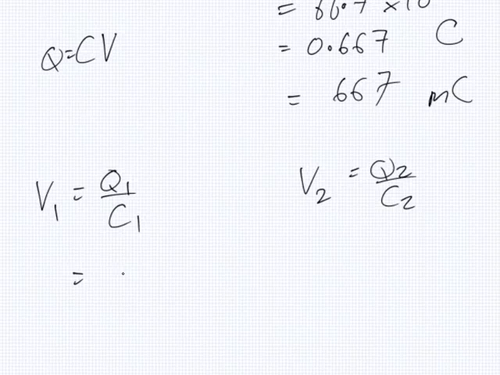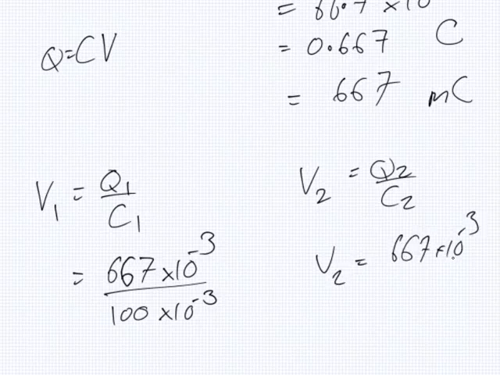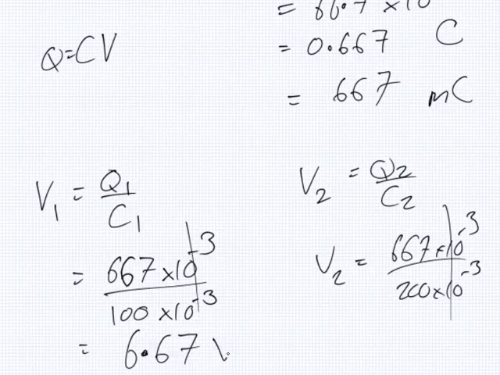So V1 would be Q1 is 667 times 10 to the minus 3, and C1 is 100 times 10 to the minus 3, and V2 equals 667 times 10 to the minus 3 over 200.